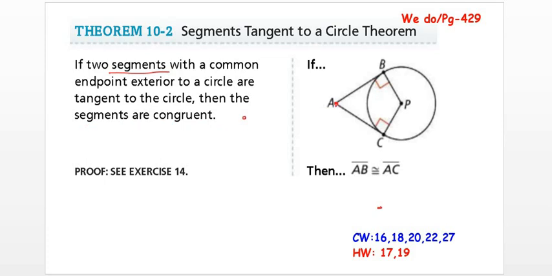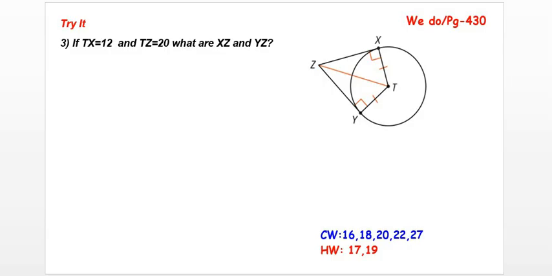So here they have taken a point exterior to the circle, that is point A, and they have drawn a segment to the point of tangency at B, and another segment to the point of tangency C. So that's why AB is congruent to AC. This is the theorem, right? Now using this theorem, let's solve some questions.